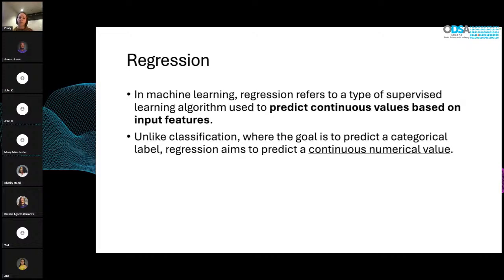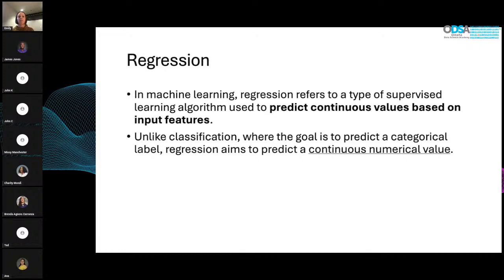So this is different from classification, because in classification, the goal is to predict a categorical label. 1, 0, is a banana, isn't a banana, can you identify a cat or not, predict what type of soda pop this is. But in regression, we're aiming to predict a continuous numerical value. So we're aiming to predict what is the price of this house. That's the context that we've talked about this in the past.